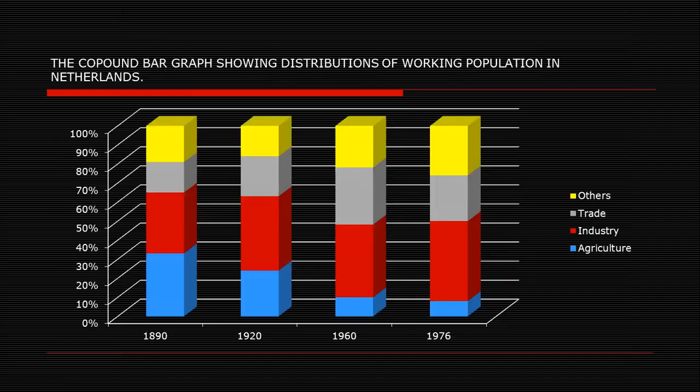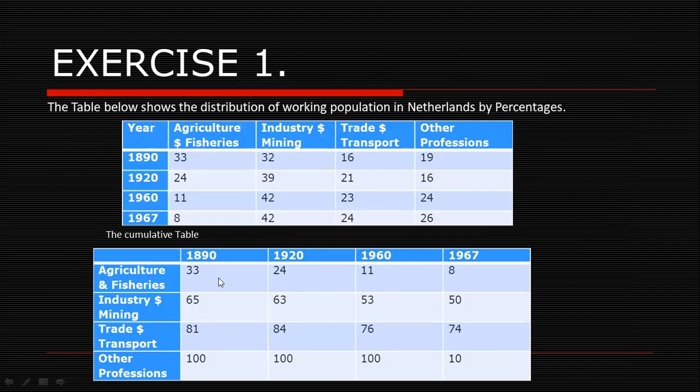No, the totals cannot add up to 100. If they are in what we call absolute values, say from 1,000 to 100 or to 1,000, and not in percentages, the totals will add up to that figure. But it is the cumulative table which will give us the last figure here, instead of it being 100.